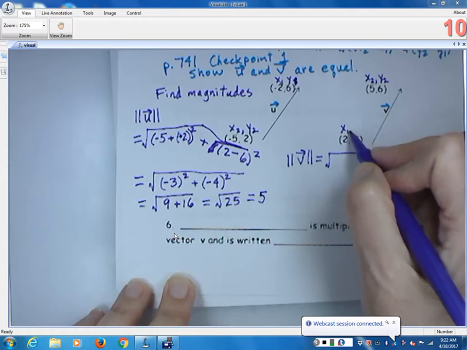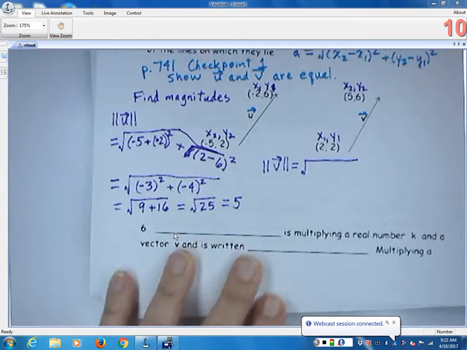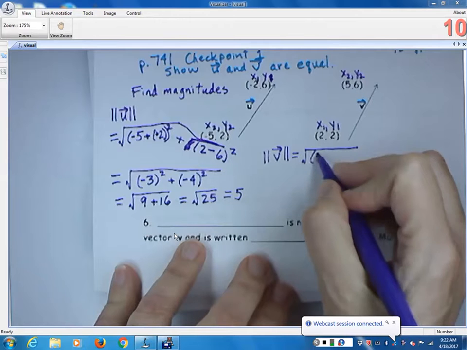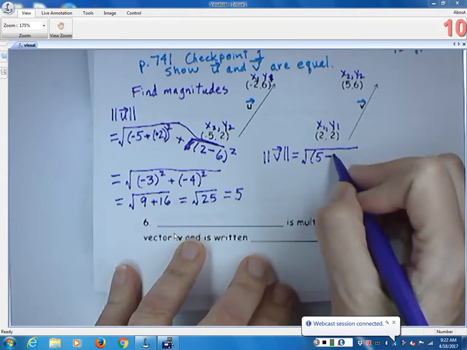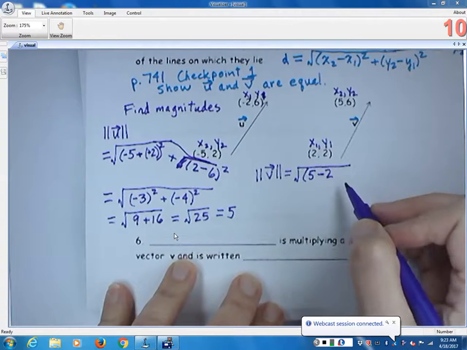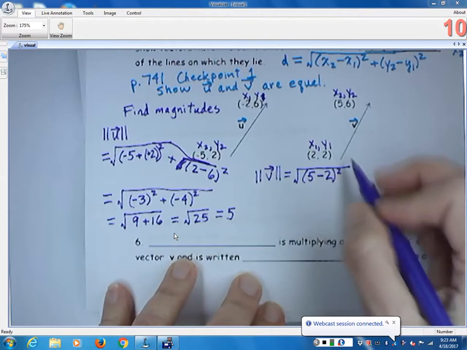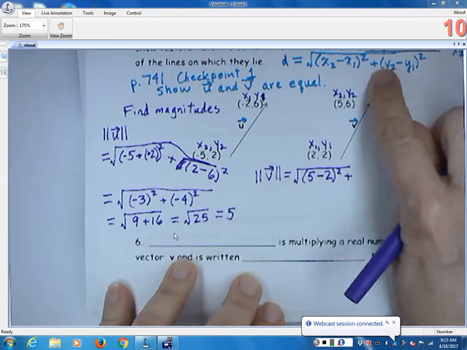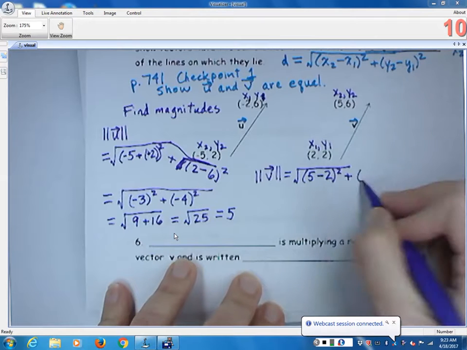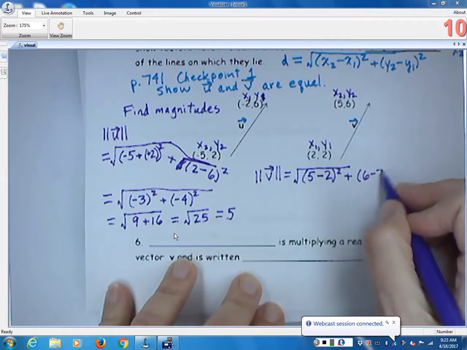So it's 5 minus x1, which is 2, squared, and then 6 minus 2 squared.